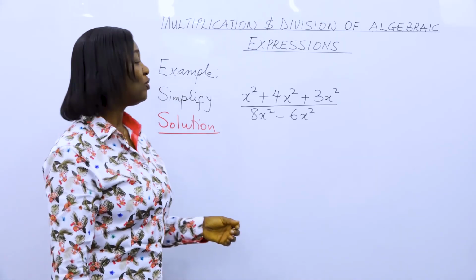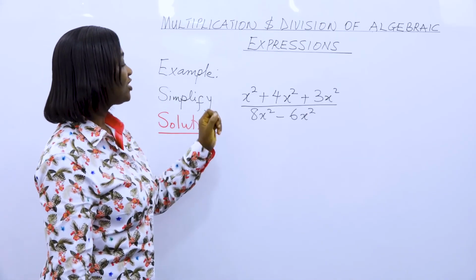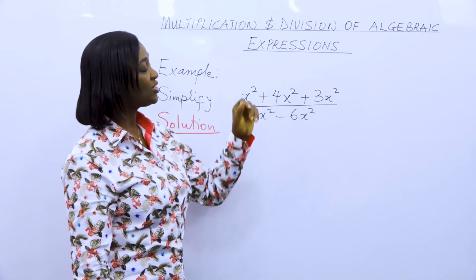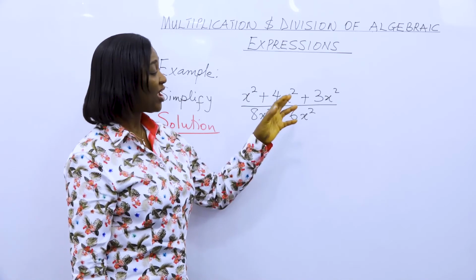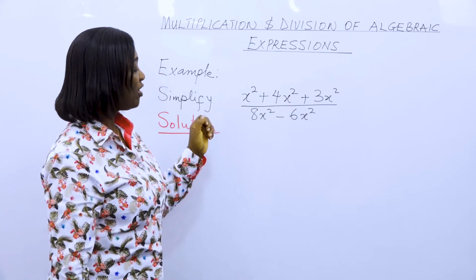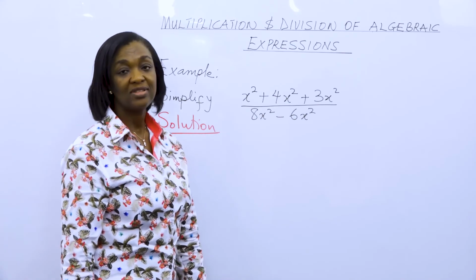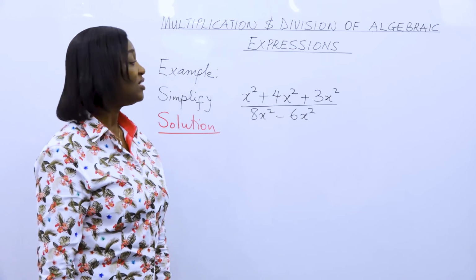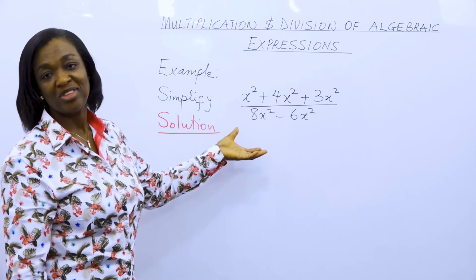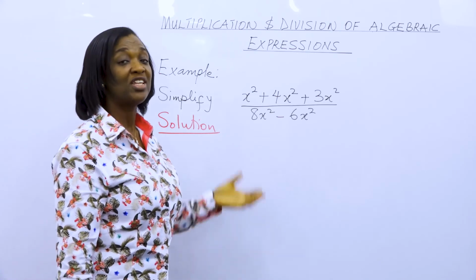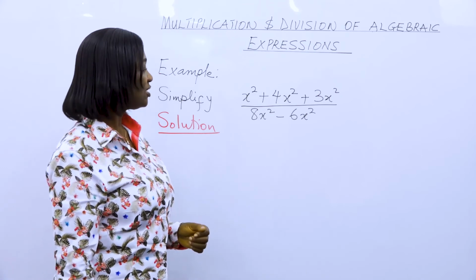In this example, we want to simplify x squared plus 4x squared plus 3x squared over 8x squared minus 6x squared. Looking at it, you will think it's difficult, but in the real sense of it, it is not.